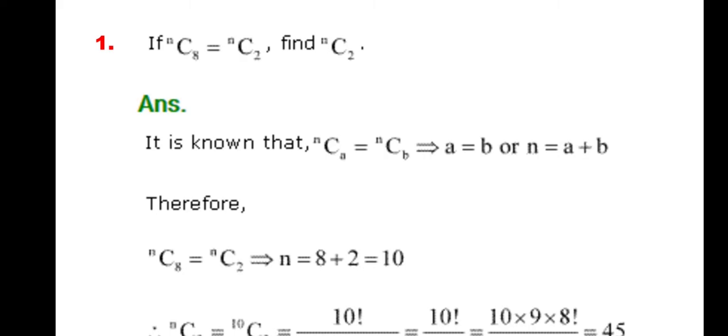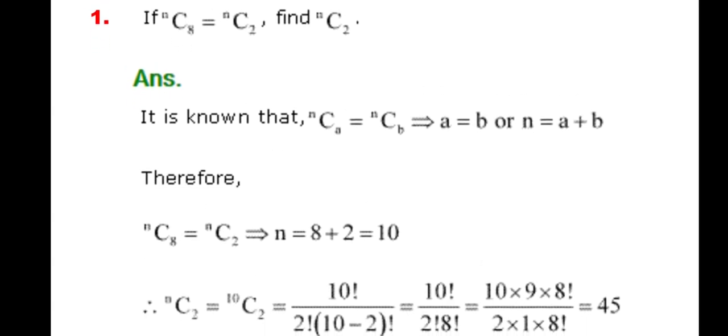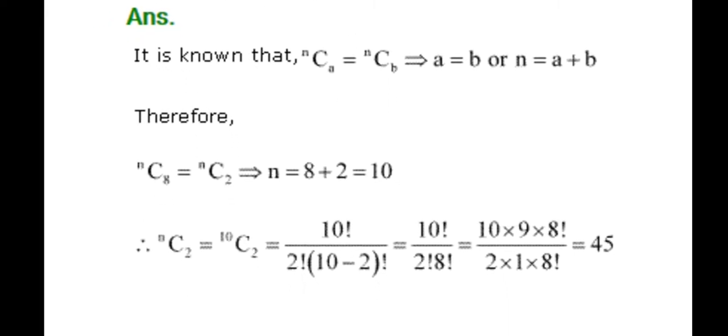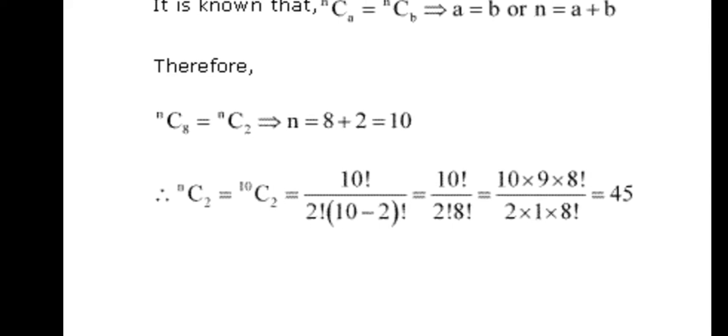Students, nC2 we can write as nC(n minus 2), so 8 equals n minus 2, where we have another result: if nCa equals nCb, then either a equals b or n equals a plus b. From the given question, nC8 equals nC2, so you can write n equals 8 plus 2.